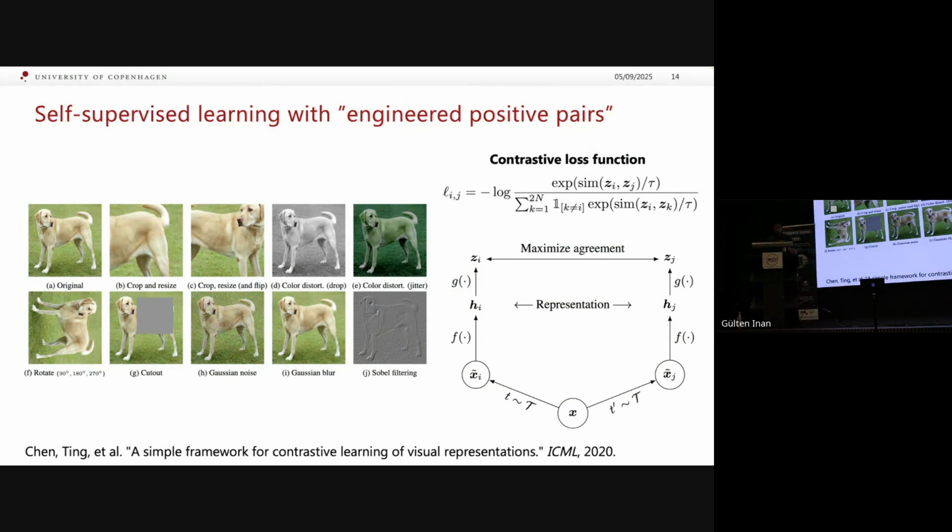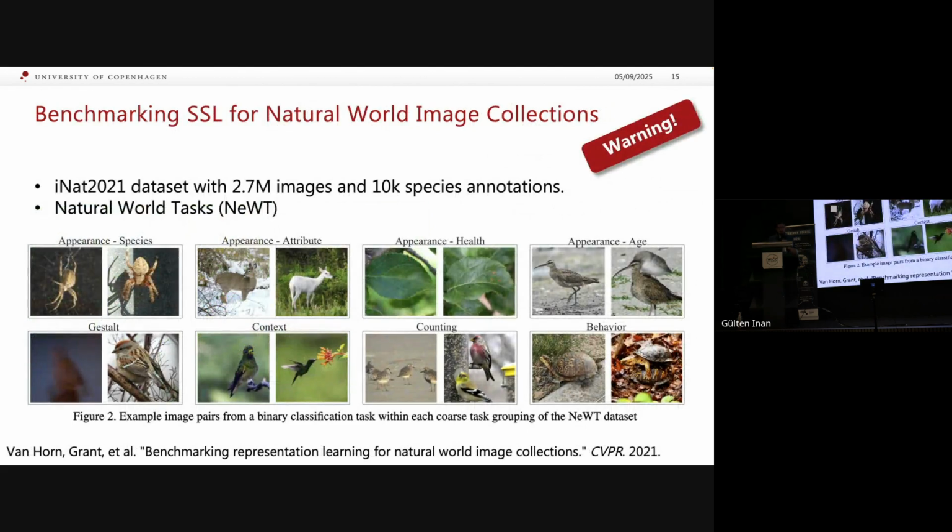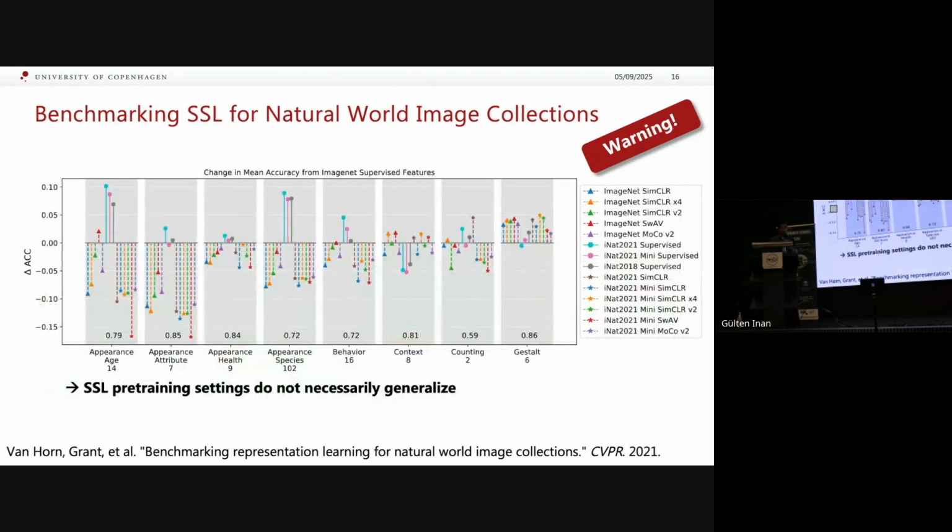The whole message that I want to convey here: this was a nice study by Van Horn et al. I can recommend reading this paper. It's a bit of a complicated graph to read, but the main message was that this self-supervised pre-training scheme, relying on these augmentations, does not even generalize to a different ground level domain like these iNaturalist images.